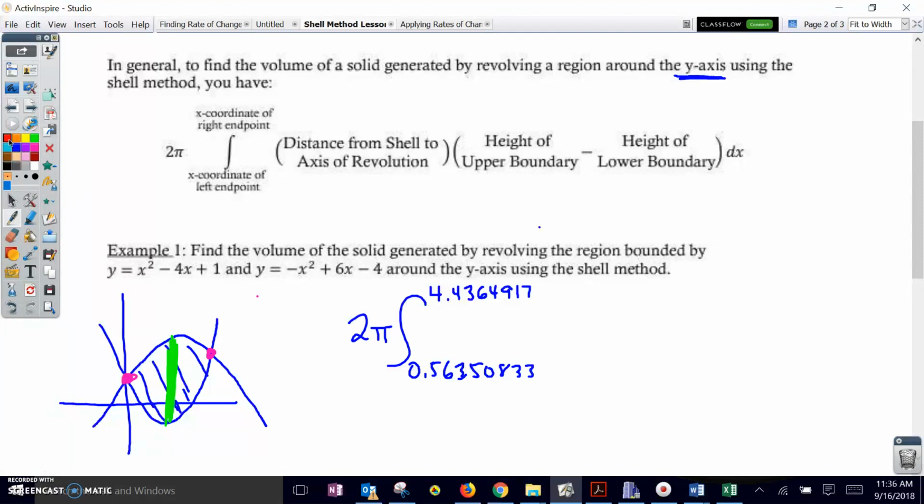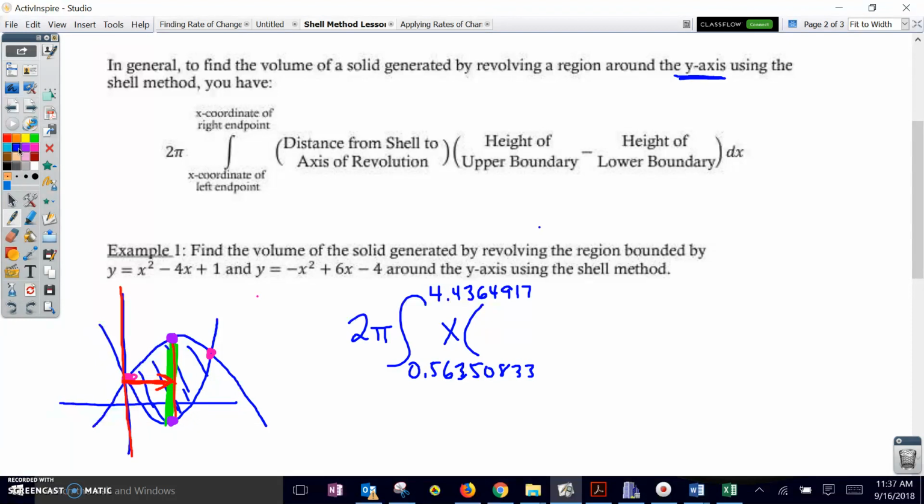Okay. Now, the component parts of our integrand. First thing we need is the distance from the axis of rotation to the shell. That distance right there. And since we're revolving around the y-axis, that distance is just going to be the x-coordinate of wherever this shell is. And so we'll put x into our integrand. And the other part of our integrand is the height of the shell. So we want to take wherever this point is minus wherever this point is.